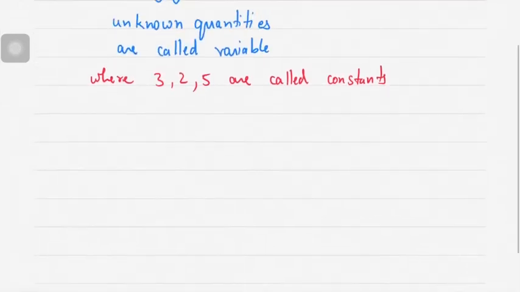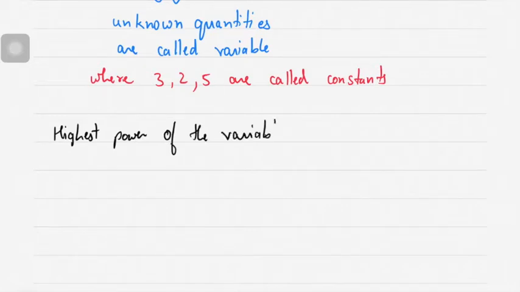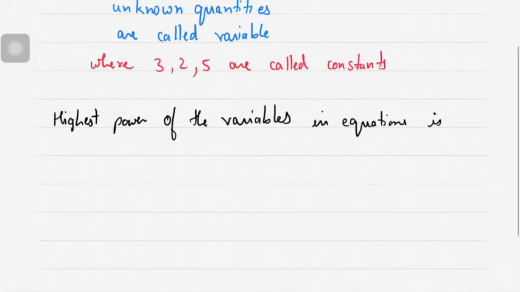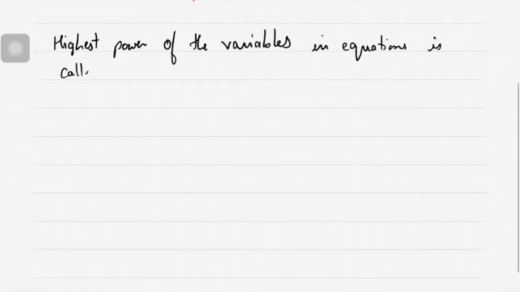Highest power of the variables, meaning unknown quantities, that is x, y, a, b, whatever, in the equation is called the degree of the equation. You solve questions depending on the degree of equations.